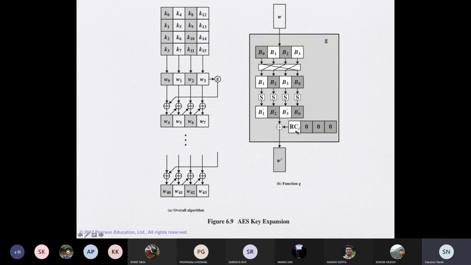And there is also a round constant added. RCJ is 1 byte, the others being 00. So basically B1 prime will be added with some number like 01, 02, 03 and so on.